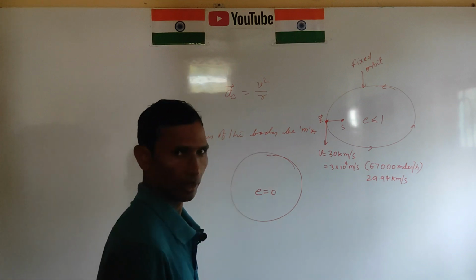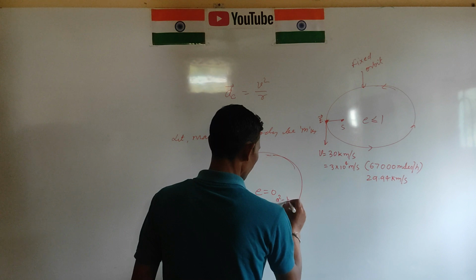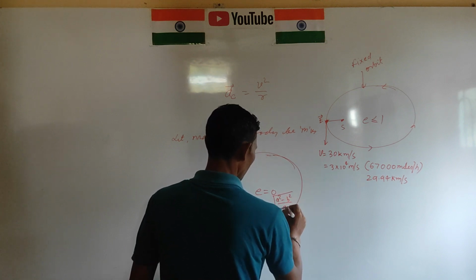We know that eccentricity is the square root of a square minus b square, under a square.